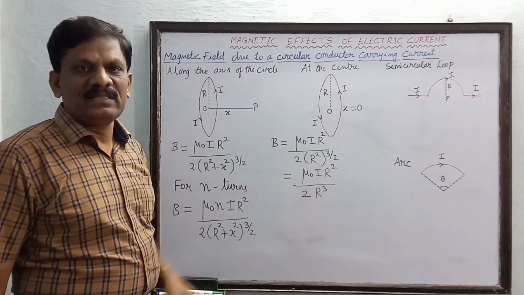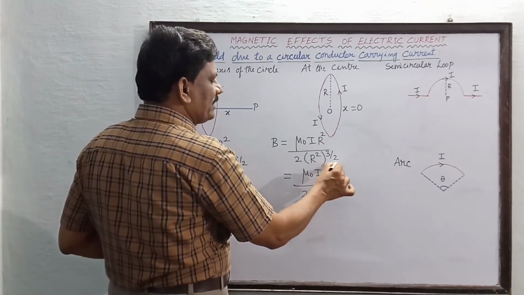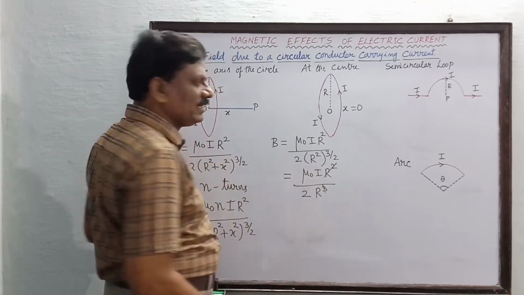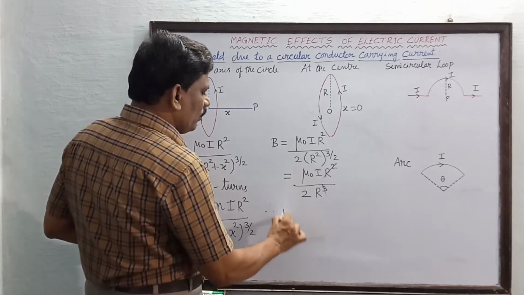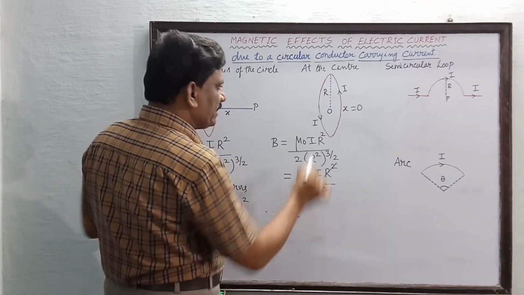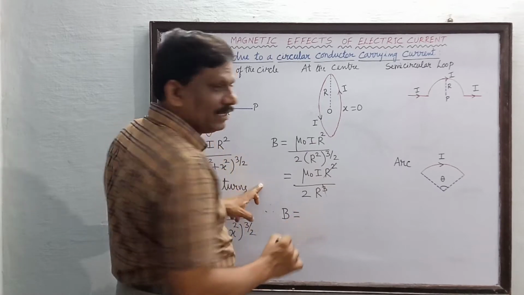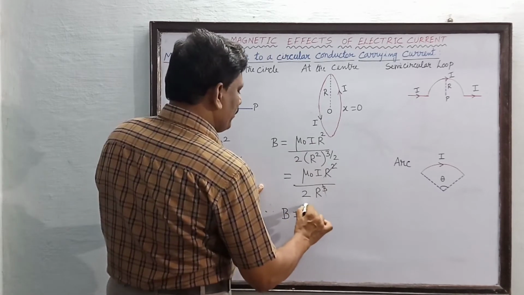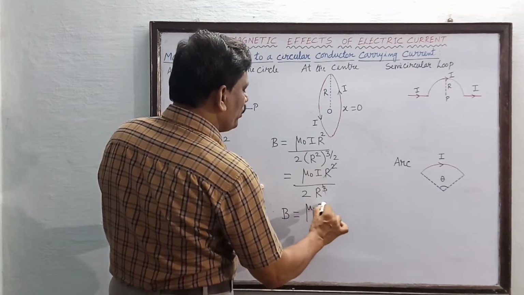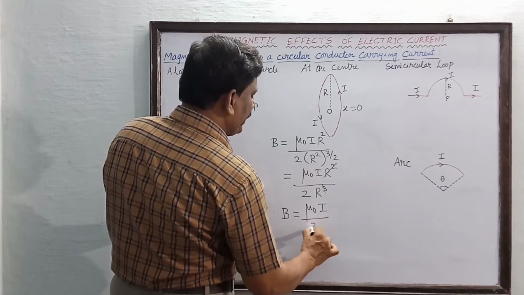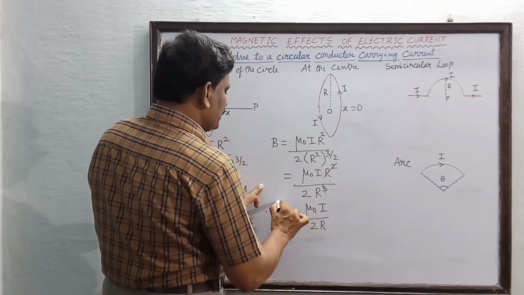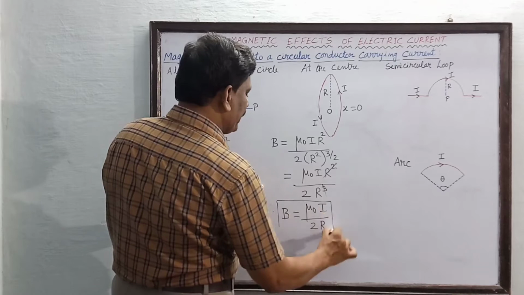Now in the numerator there is an R square term, so I will cancel this R square term with this power 3. Therefore, the magnetic field at the center of the circular loop having one turn is equal to mu naught I divided by 2R. This is for a single turn.